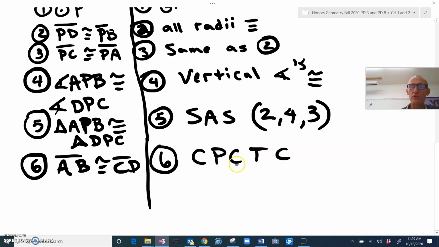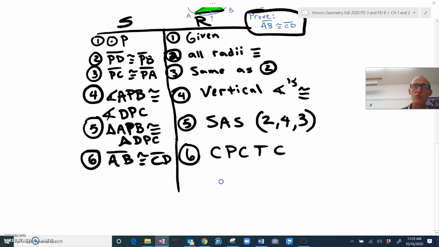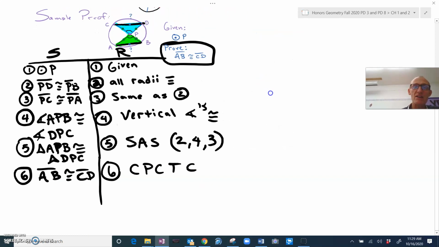That's why in this proof, AB is congruent to CD, because corresponding parts of congruent triangles are congruent.